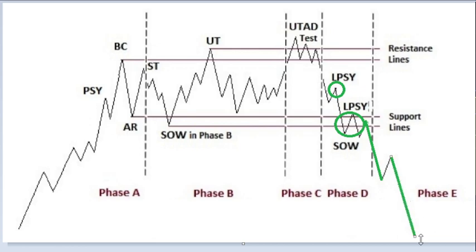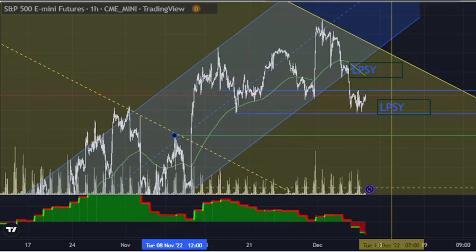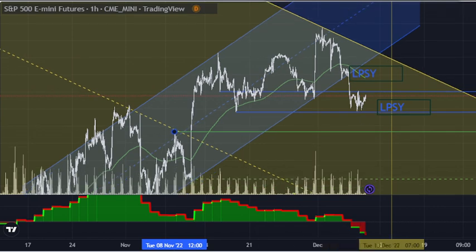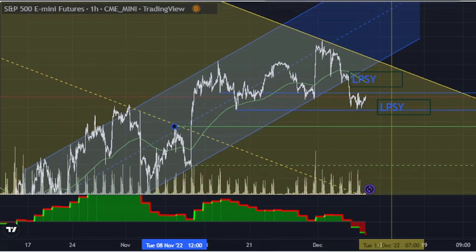Now this move downwards could be very deep indeed. So I'm going to switch back to TradingView. In my mind, we could just break immediately.